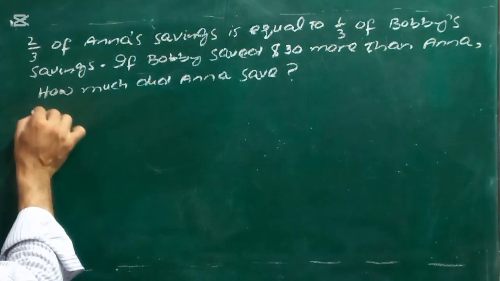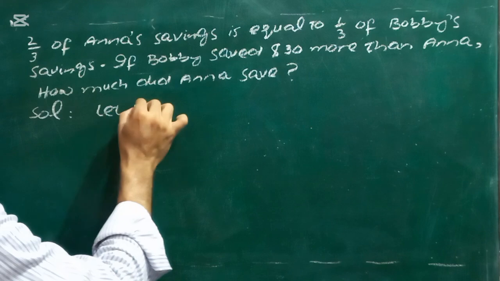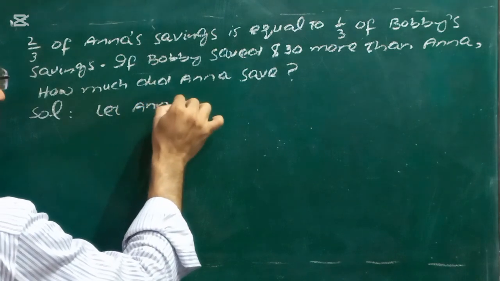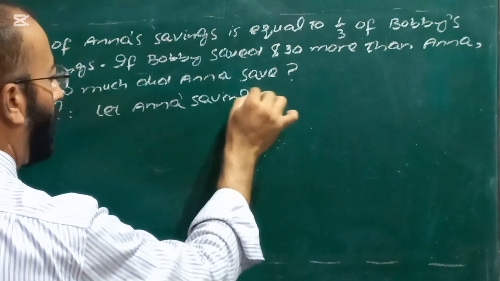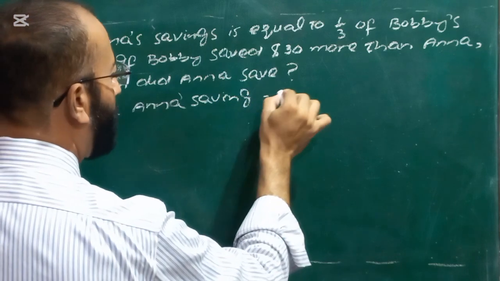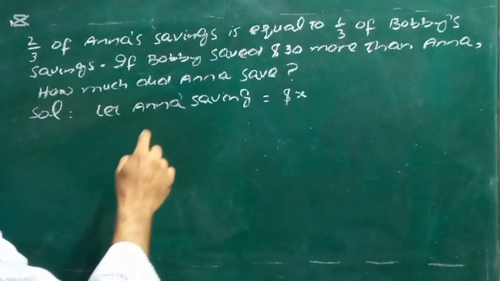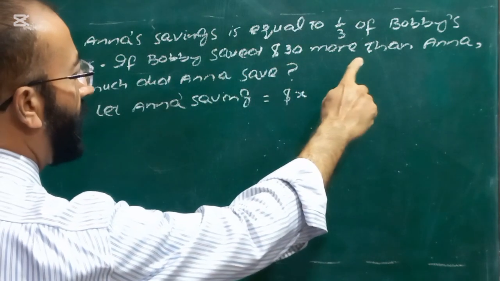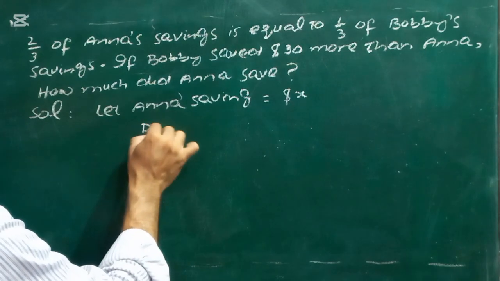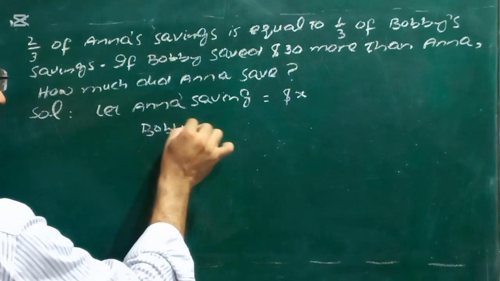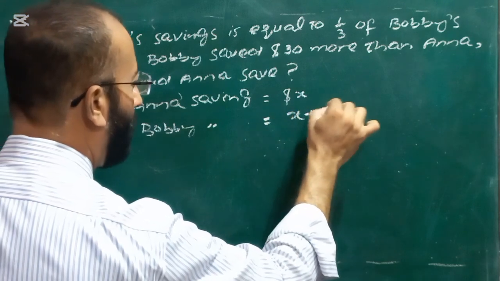So in this question, first we will let Anna's savings. Let's suppose Anna has saved X dollars. Definitely, Bobby's savings is $30 more than Anna's. So Bobby's savings will be X plus $30 then.